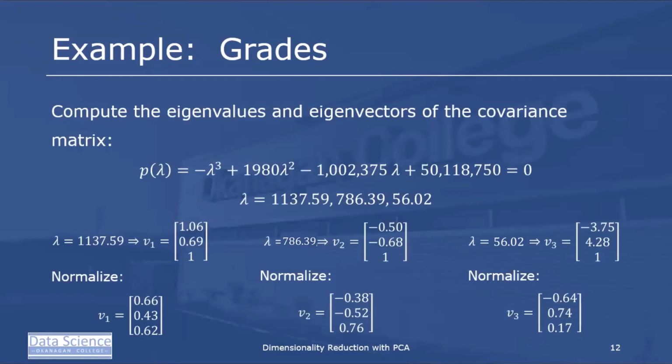But we do come up with a polynomial, p of lambda, which is equal to negative lambda cubed plus 1980 lambda squared minus 1,002,375 lambda plus 50,118,750 equals 0. Solving that, we get 1,137.59, 786.39, and 56.02.